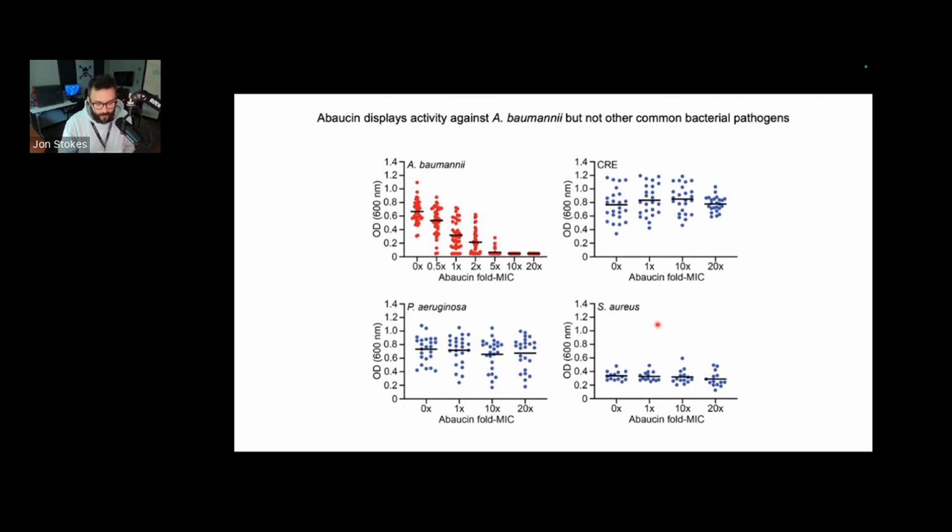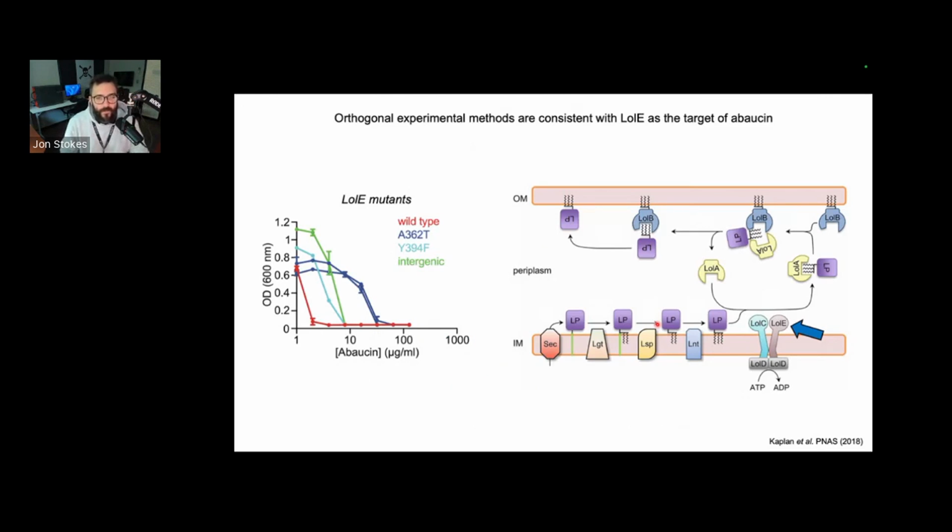And we said, well, what is the biological function that underlies this narrow spectrum activity? And through a series of experiments, I'm showing one here, we did a bunch of different experiments that all kind of pointed in this direction. We came to the conclusion that our molecule Abicin was inhibiting lipoprotein trafficking through a mechanism involving LOL-E.